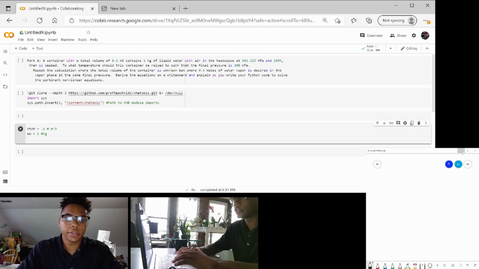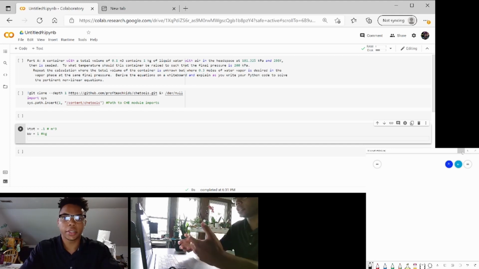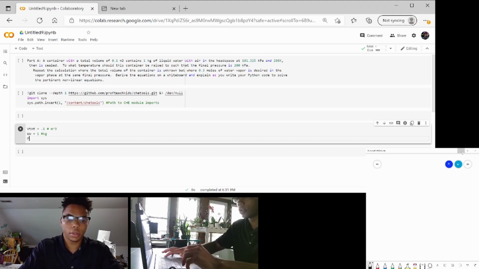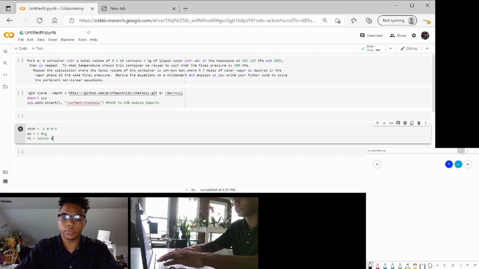And next we have our initial pressure measured in pascals. So we put the initial pressure, and that is equal to 101.325 pascals.